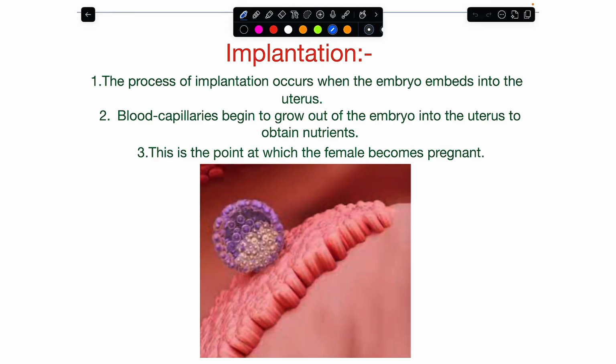For that purpose, this embryo starts to grow blood capillaries, and these blood capillaries allow it to be directly attached with the uterine lining, and with their help the embryo starts to receive the nutrients. At this point, where the embryo has embedded and started to grow the blood capillaries, this is the implantation. And following this point, we say that the female individual has become pregnant.